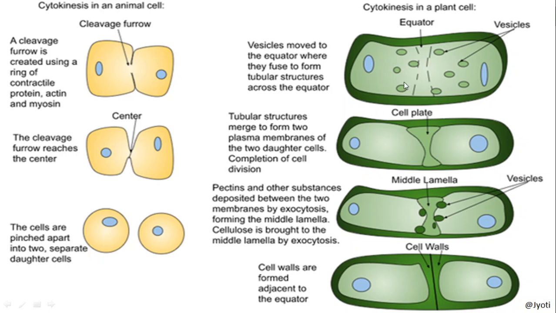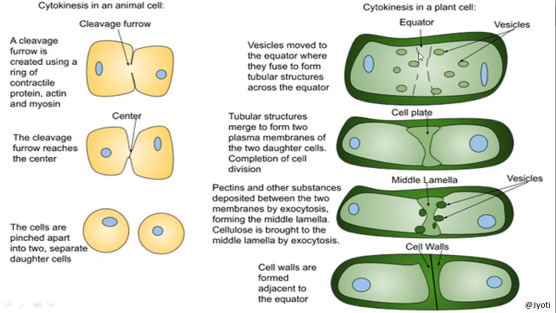So here you can see that this is the plant cell, as most of the plant cells are rectangular. Here I have shown a rectangular cell, and you can see this is the daughter nucleus and this is also daughter nucleus. Now what happens, this is the equator and the vesicles packaged with proteins move to the equator.